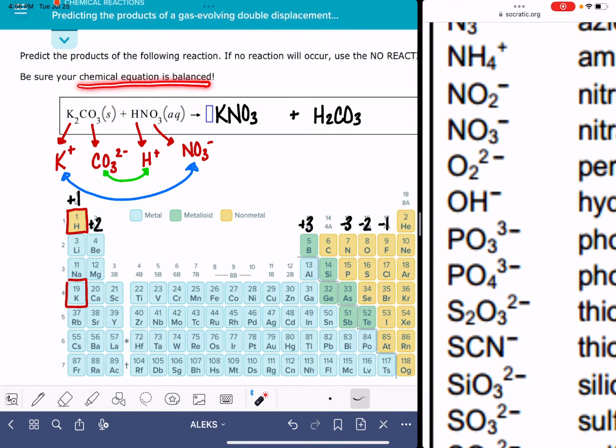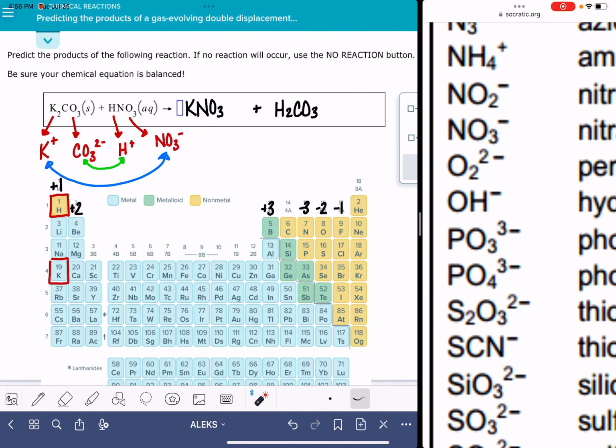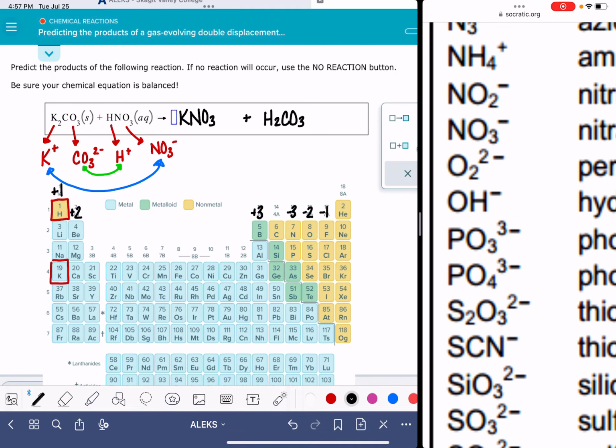Now, before we continue on in this, we've got a few more things to do. We do need to go through and make sure that the equation is balanced. We also need to go through and add states to our products. However, Alex has thrown a pretty major curveball with this particular problem in that some of the reactions are going to produce products such as H2CO3, which are not stable. They actually don't exist in these reactions.